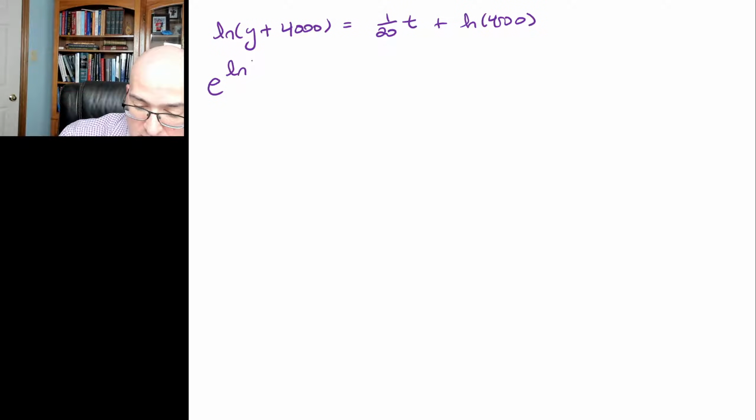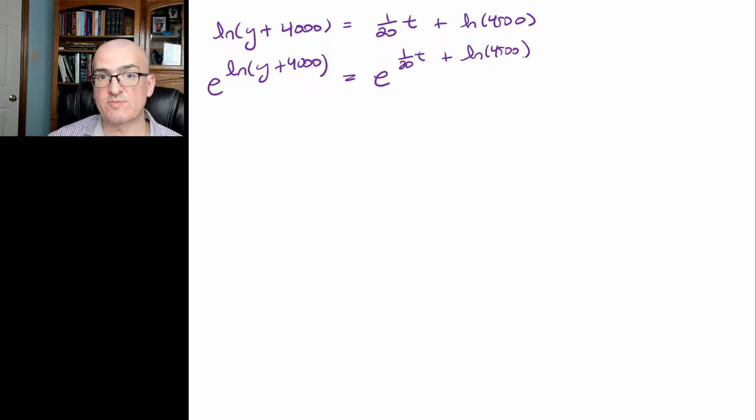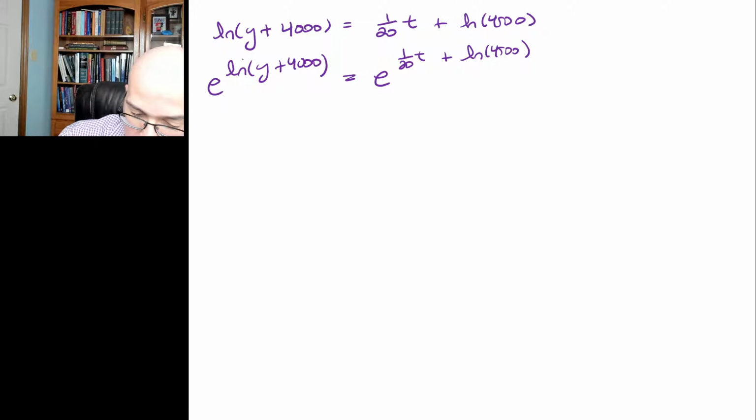Now I'm going to exponentiate, raise both sides as powers on a base of e. So e to the ln of y plus 4,000 is equal to e to the 1 over 20 t plus ln 4,500. Both of those things on the right are in the same exponent. Cancellation law over there, y plus 4,000 is equal to e to the 1 over 20 times t times e to the ln of 4,500.